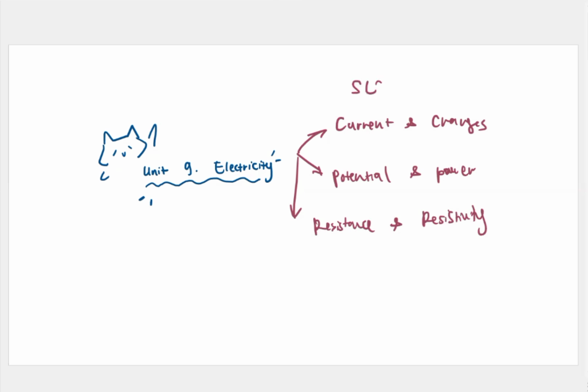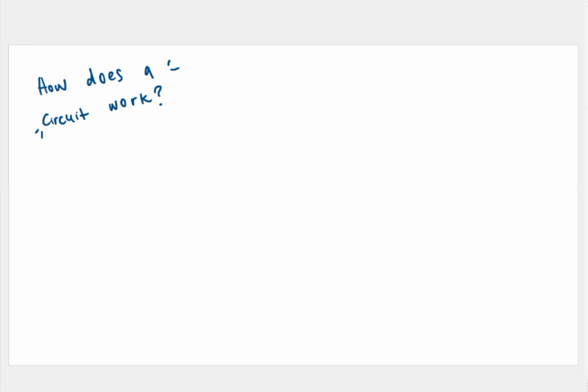But yeah, we're going to talk about how a circuit actually works. Now, if you take a look in a circuit, there must be something called a cell, and this cell is connected within closed wires to a component. Now, this component can be anything, but my example here is a light bulb.